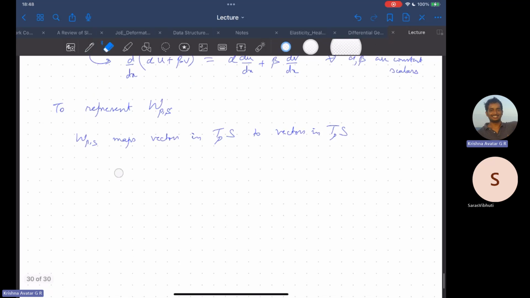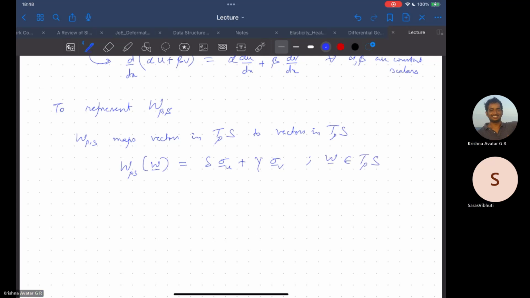So which means that if we apply W_p of S over any vector, just not to confuse, let's call it W vector, it is equal to some delta sigma_u plus gamma sigma_v, where W vector is also an element of T_p S. So we can have W as alpha sigma_u plus beta sigma_v, and W_p of S of it is equal to delta sigma_u plus gamma sigma_v.